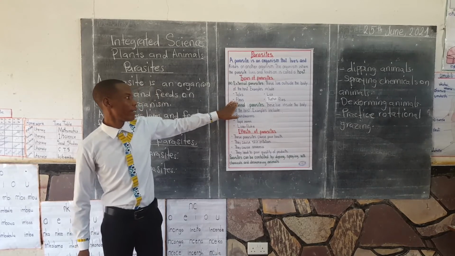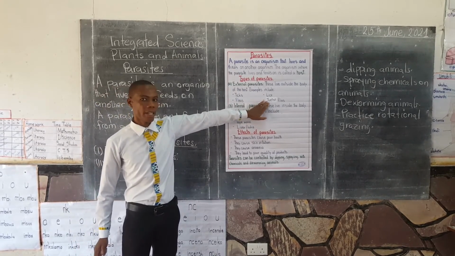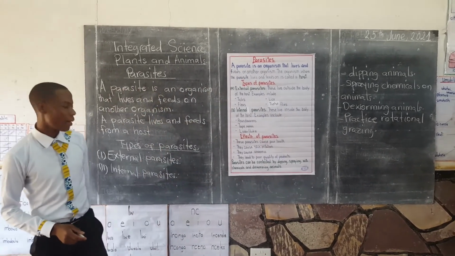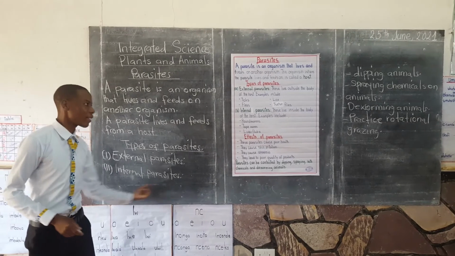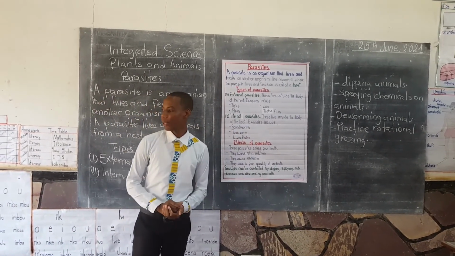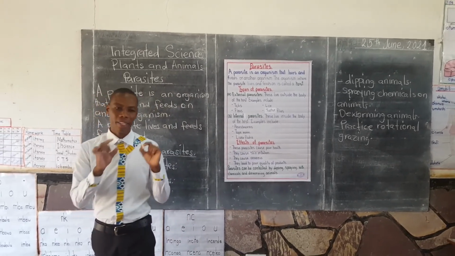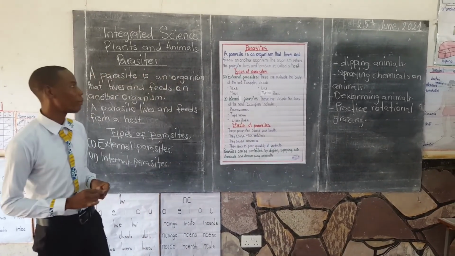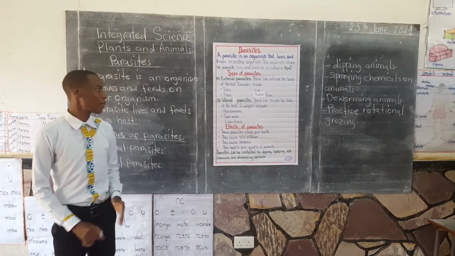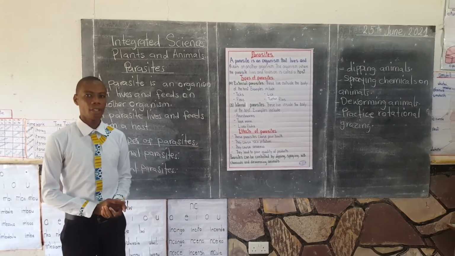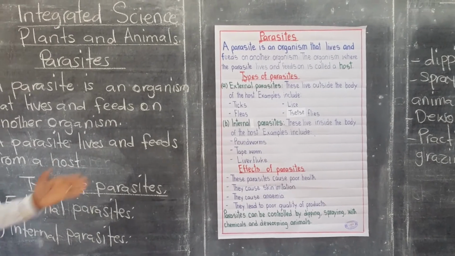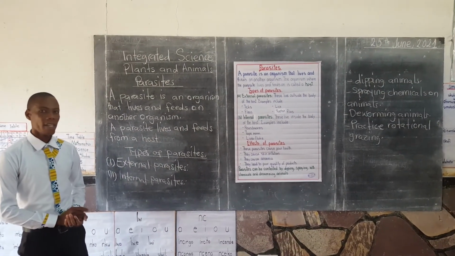Apart from external parasites, we have internal parasites. Internal parasites are parasites that live inside the body of an organism. Examples include roundworms, tapeworms, and liver fluke.